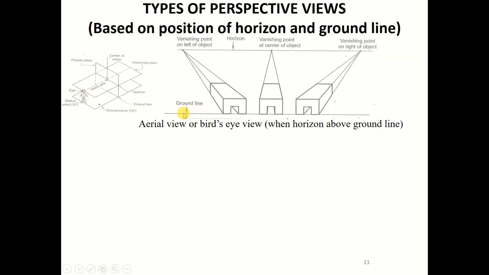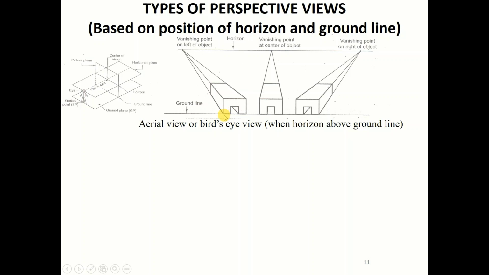In this case, the ground line is at the bottom, and this object is placed just on the ground, and this line here represents the eye level. So the eyes of the observer are at this level and the feet of the observer are at this level. This is showing three different views of the same object.